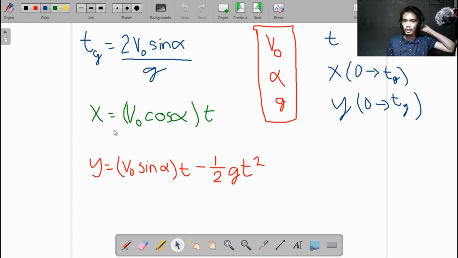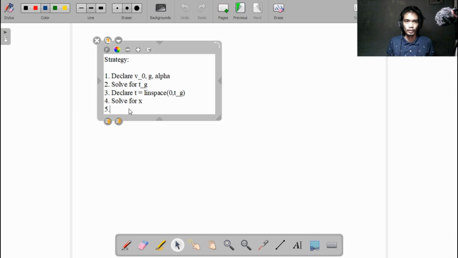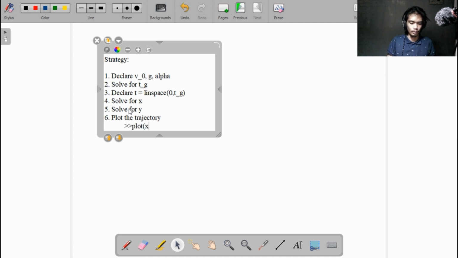Okay, so galing dito, and then finally solve natin for y, and yung goal natin is to plot the trajectory. So ang gagawin natin dito is plot in x, y. So yun yung gagawin natin.